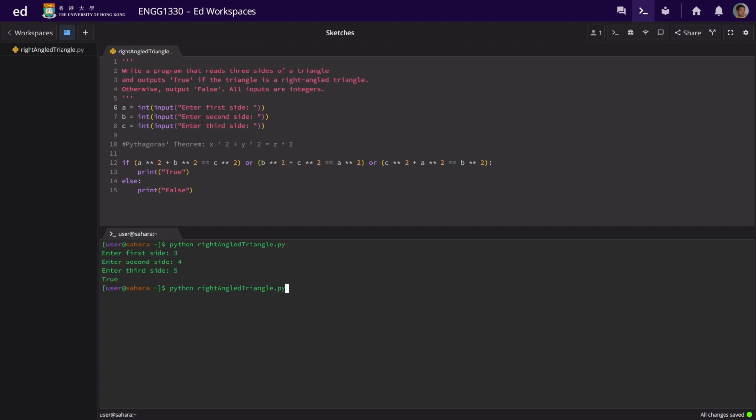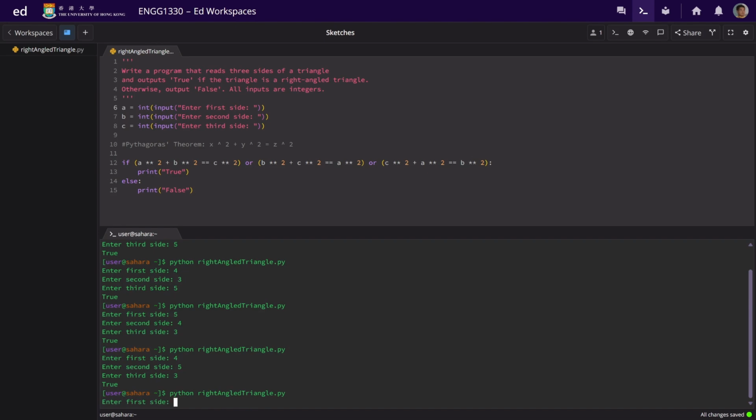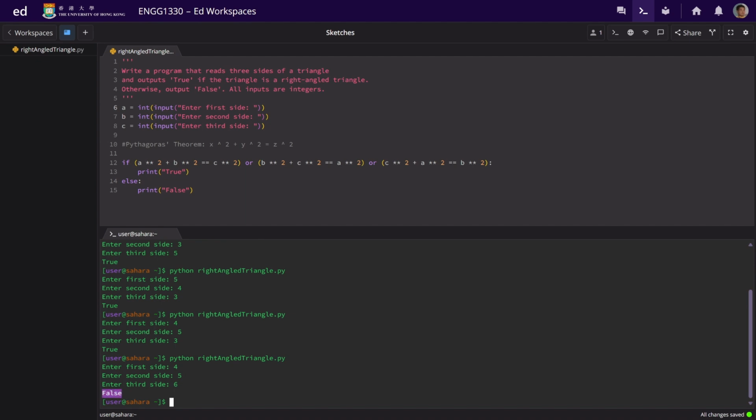Maybe we could change their order a bit, like 4, 3, 5 is true too. And if we put 5 in a different place, like 5, 4, 3, or perhaps 4, 5, 3, we could see that the output is also true, true. However, if we try a combination that is not right angled, for example 4, 5, 6, we would get false.